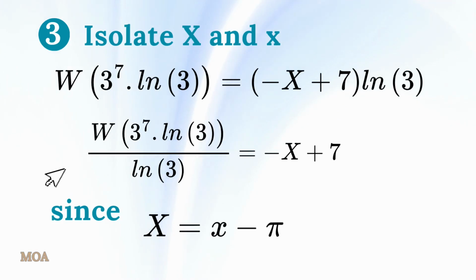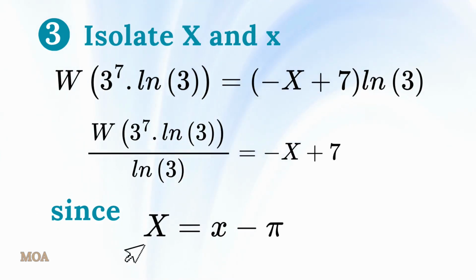At this stage, to isolate capital X and lowercase x, we divide both sides by the natural logarithm of 3. This gives the Lambert-W function of 3 raised to the power of 7 times the natural logarithm of 3, all divided by the natural logarithm of 3, equals negative capital X plus 7.